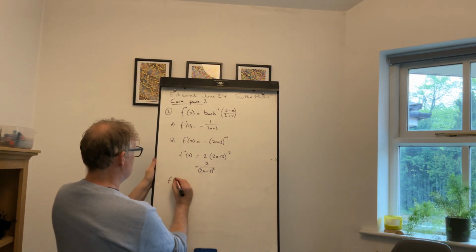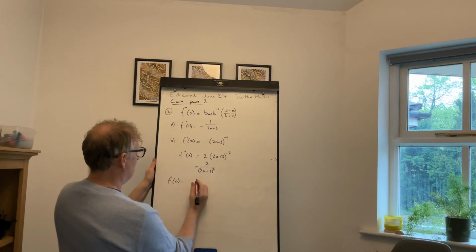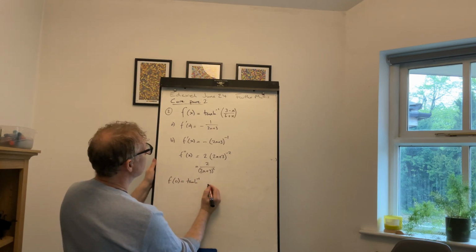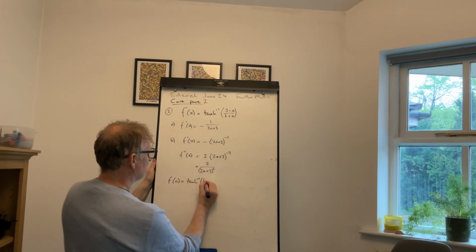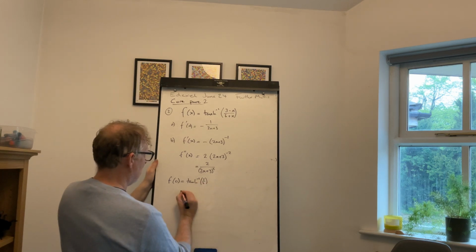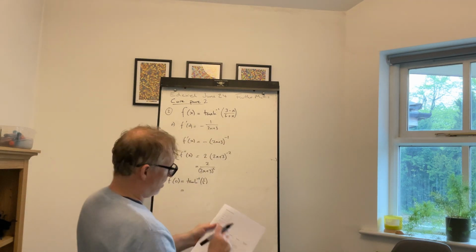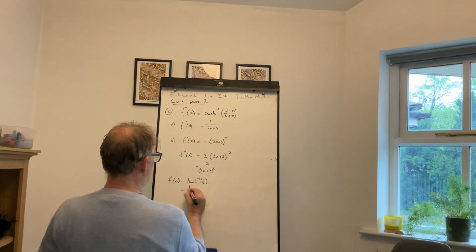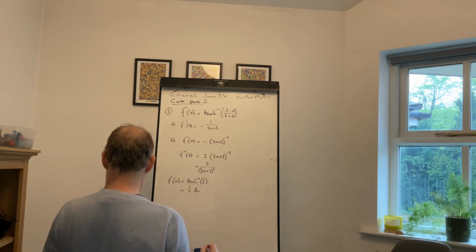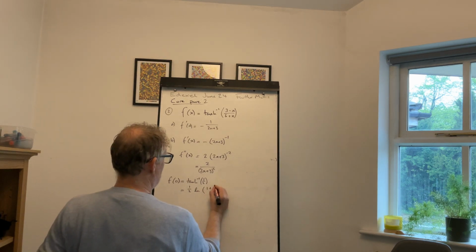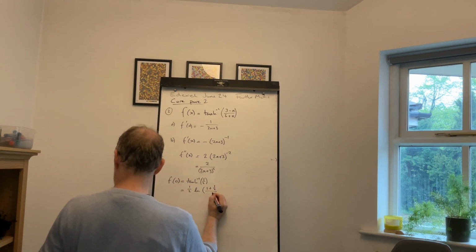So f of naught is tan to the minus 1 of, putting naught in there, a half. And again, in your formula booklet is your artanh, which is a half ln of 1 plus x over 1 minus x, so it's going to be 1 plus a half over 1 minus a half.